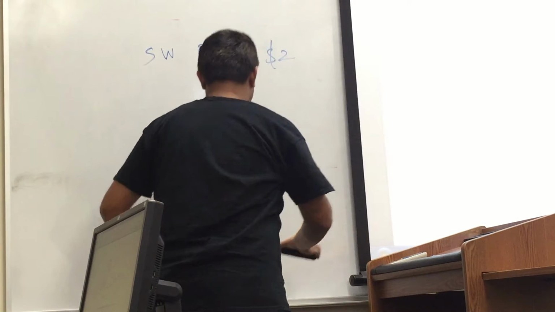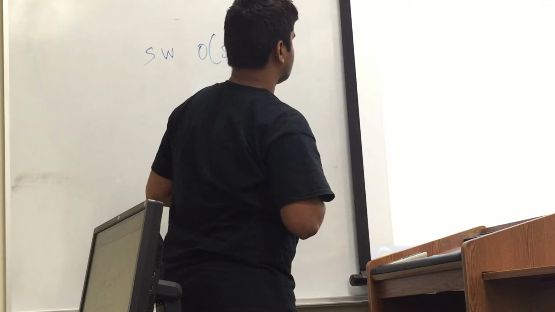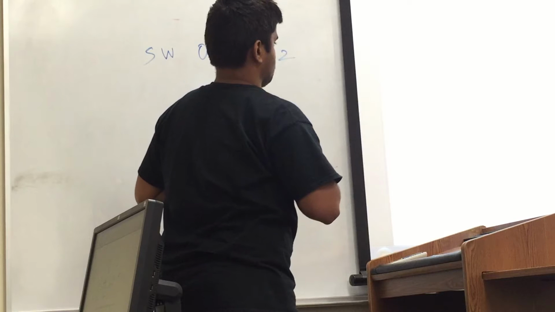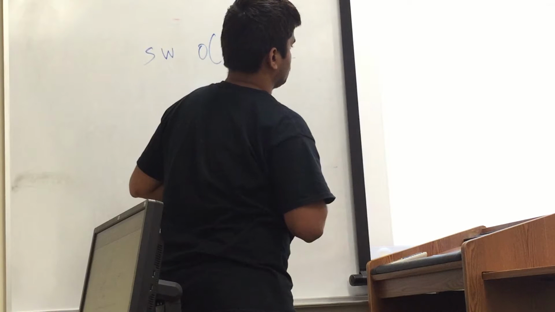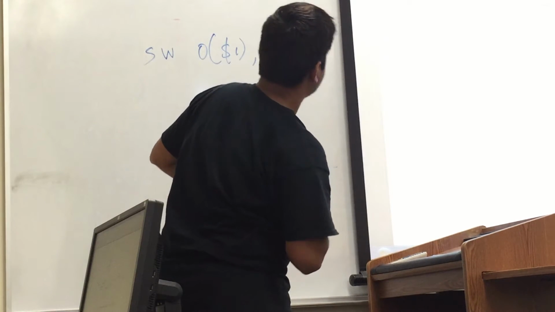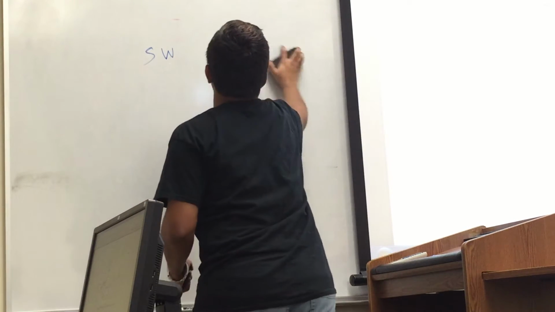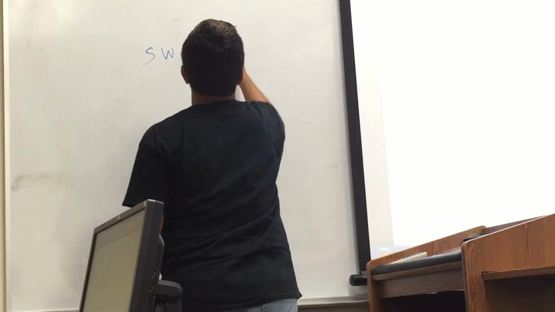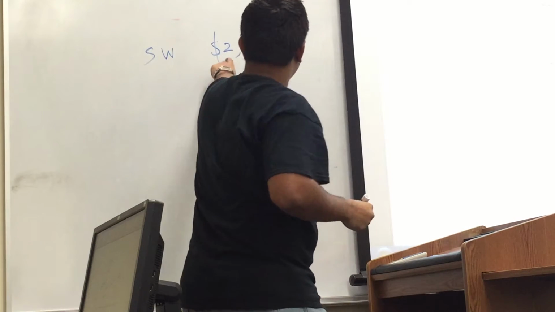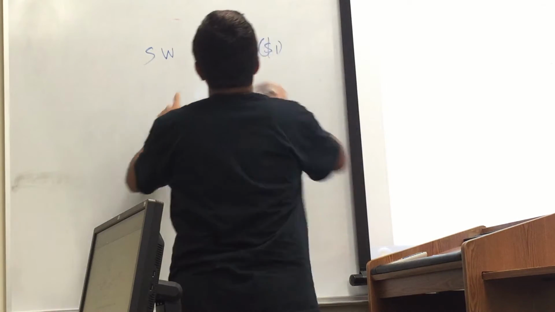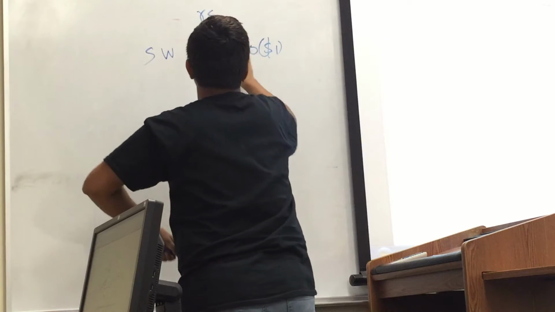This is not exactly RD, but something like RS. So this is the address where you get some value.